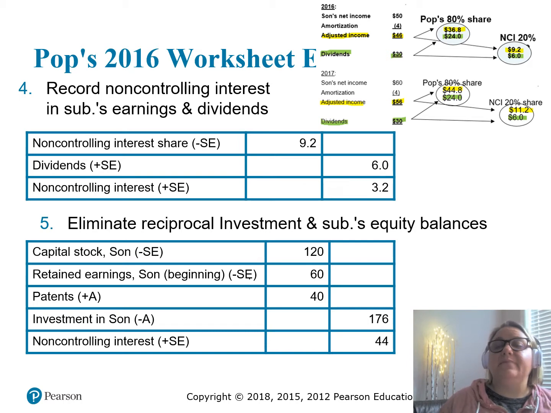Now we're going to eliminate the capital stock in the sub's equity balances. And what I can do here is direct you to go back to that beginning problem sheet. So walk back a few slides and you'll see our beginning retained earnings, patents, and capital stock, all right? And then our investment, again, in Sun was for 176. That's all on that first page.